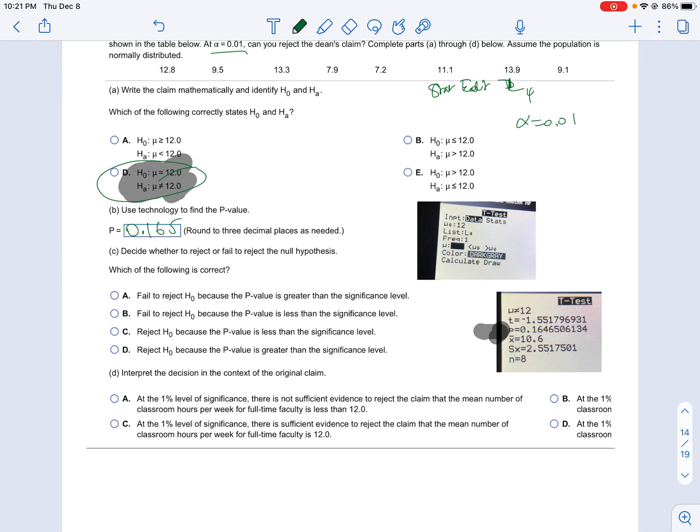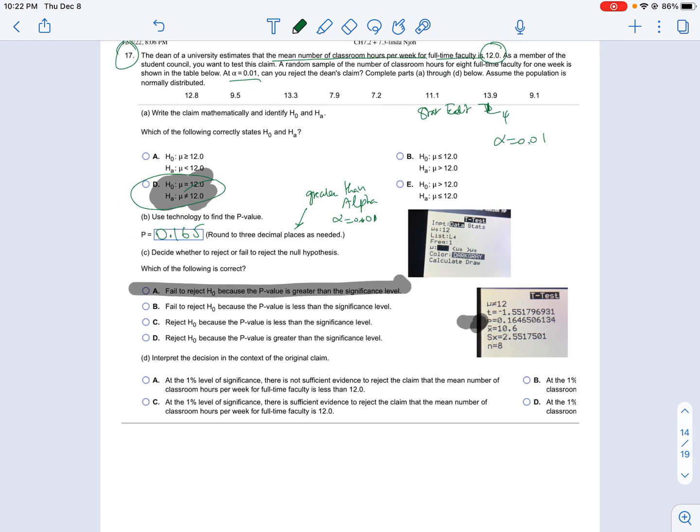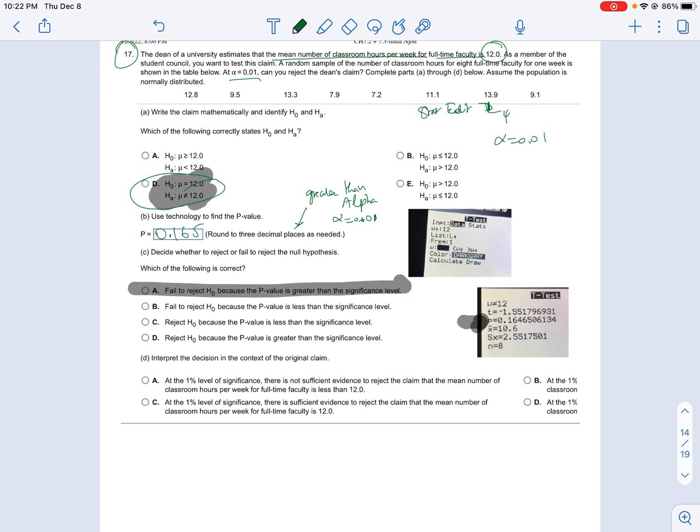Now we compare it to alpha. This p-value is greater than alpha, which was 0.01. So we're going to fail to reject the null because p-value is greater than the significance level. The null was the claim, and we failed to reject the claim.